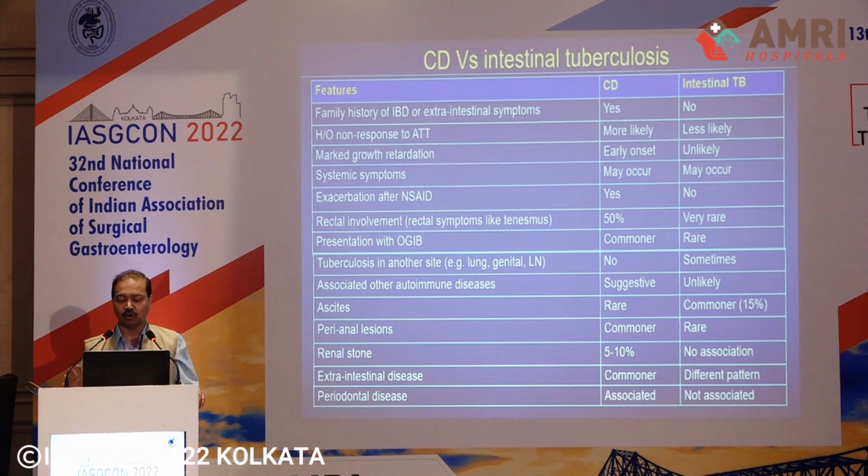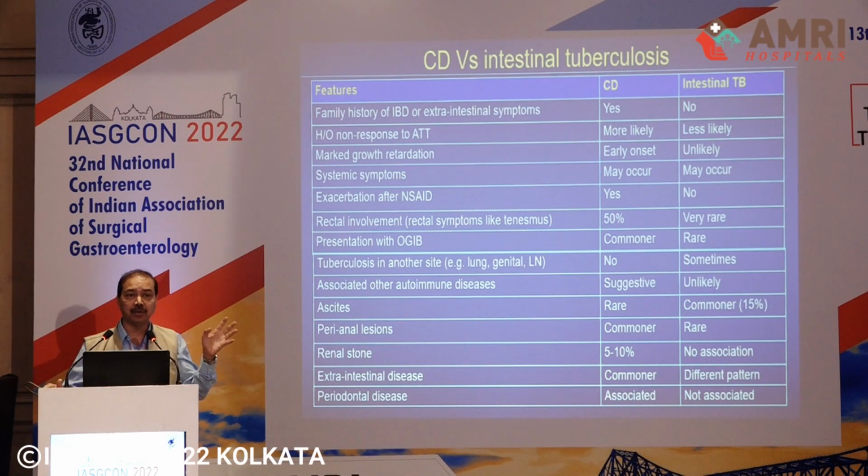Obviously, I am not going to read through the whole table, but what you have to realize is you have to take a very good clinical history and do a good physical examination, because there could be multiple clues. For example, if a patient says, I have diarrhea which exacerbates following non-steroidal anti-inflammatory drugs, I am probably dealing with a patient of Crohn's disease.